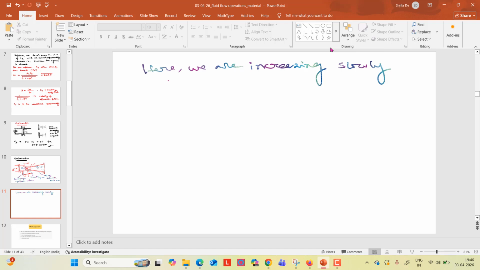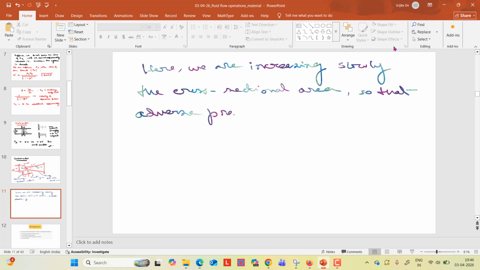Here in a venturimeter, we are increasing the cross-sectional area slowly, so that adverse pressure drop reduces and there is a lesser chance of flow separation.